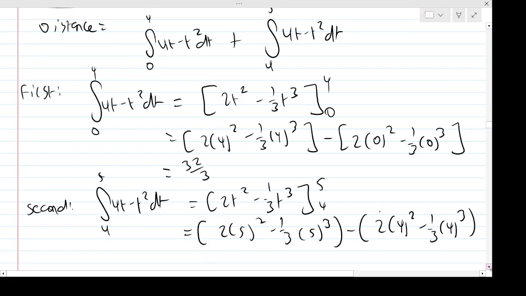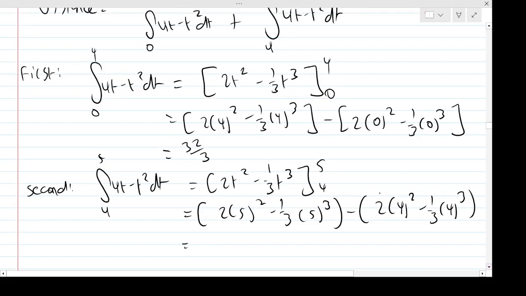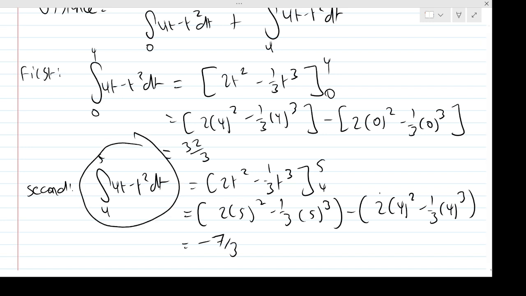Okay, so if I put all that in the calculator, yes, I get negative 7 over 3. There's my negative. So this part of the graph, the velocity graph between 4 and 5, must be underneath, okay?